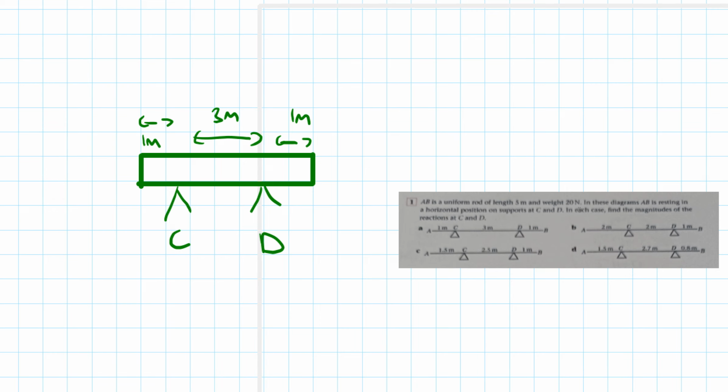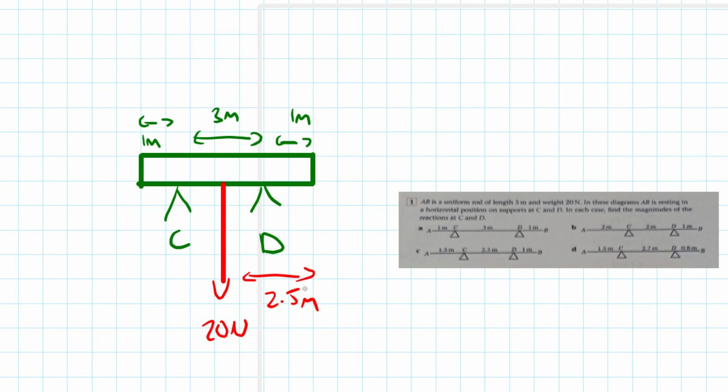And we know that the weight is 20 newtons, so that means when you have a weight on it, it acts in the middle of the beam, exactly halfway. So this is 20 newtons, and this is 2.5 meters from either end, because it's halfway in the beam, and the beam is 5 meters.